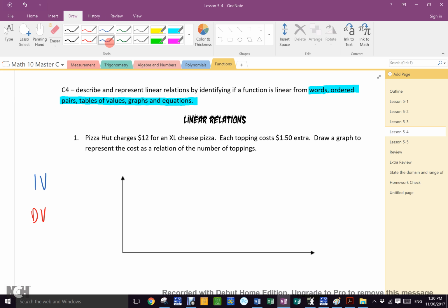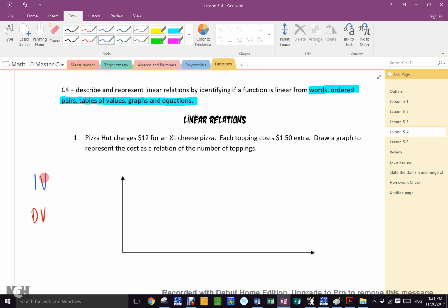Brianna, you say cost is the independent variable. Okay, why? What did you just say? The cost goes up depending on the toppings. So how can the cost be the independent variable? Right.